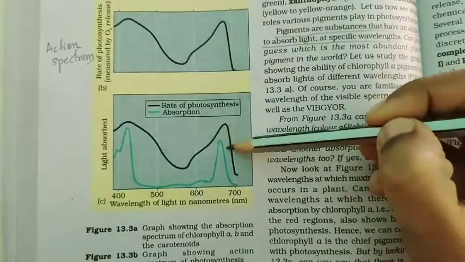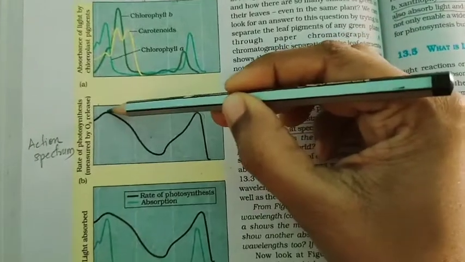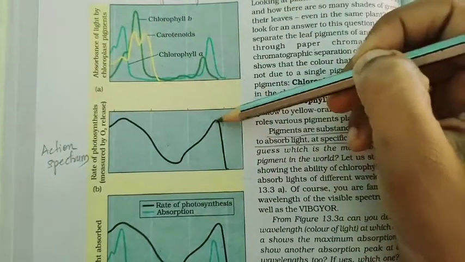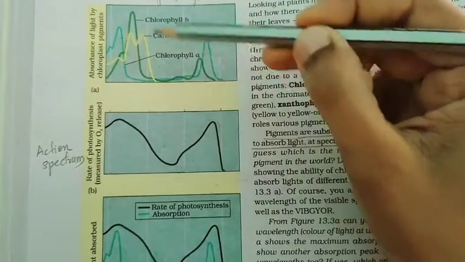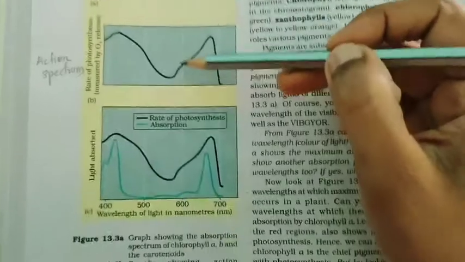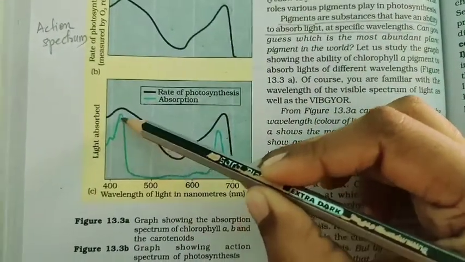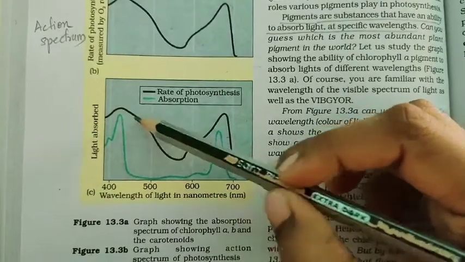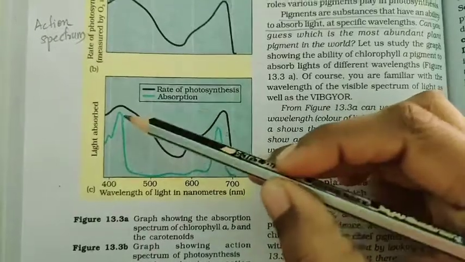In the last graph over here, they have compared. Can you see, this peak is similar, and this peak is similar. The pigment is chlorophyll A's. So they have just put both of them together to show that the peaks at which absorption by chlorophyll A occurs and the peaks of rate of photosynthesis are both almost the same.